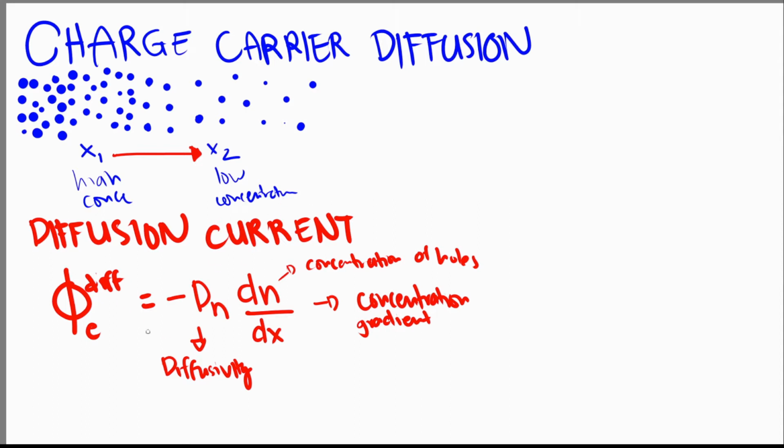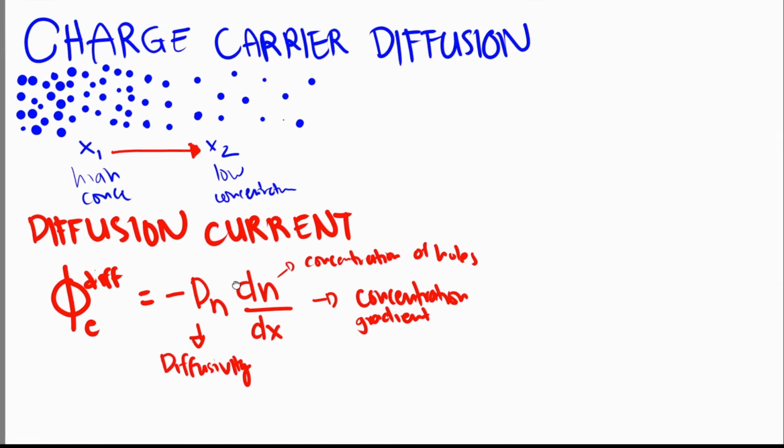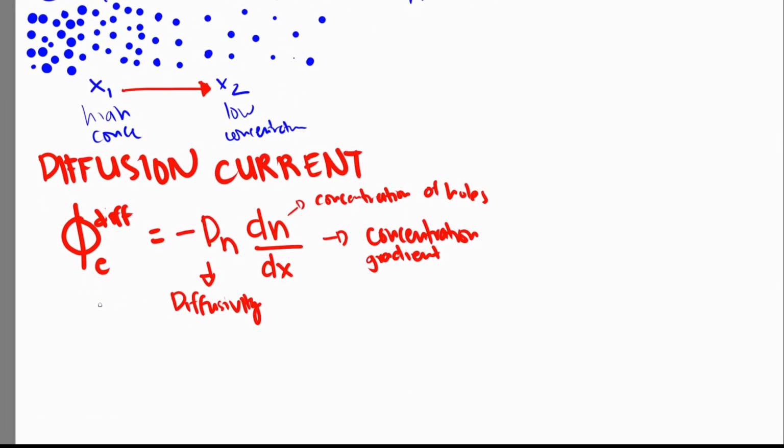This electron diffusion flux here, since this is a movement of our charge carriers, we can relate this to our electron diffusion velocity.